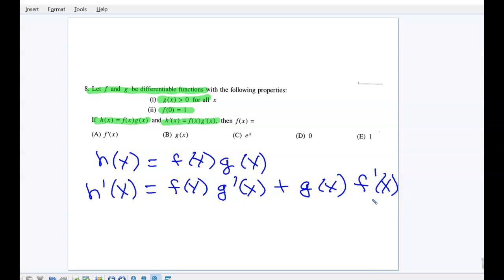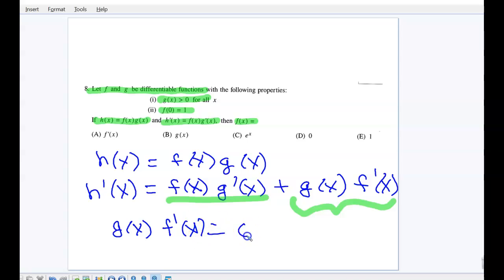Now, if you look at the derivative, the derivative only equals this part here. So that means that this part must equal 0 if it's not included in the derivative. So we're going to use that to help us determine what the value of f of x is. So we know that g of x times f prime of x has to equal 0. And we are told that the function g of x is always greater than 0, so this part can't be 0.